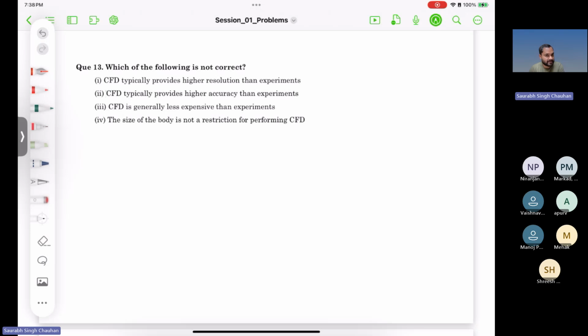When you are doing CFD, there will be some radicals which you cannot model, or some species for which a model is not available. There can be some mechanism going on which you cannot model, or the mechanism is not available. So something can be left over. But in experiments, you just put a probe and you get the data. That is the accurate data, right? So experiments are typically more accurate because they replicate the real situation.